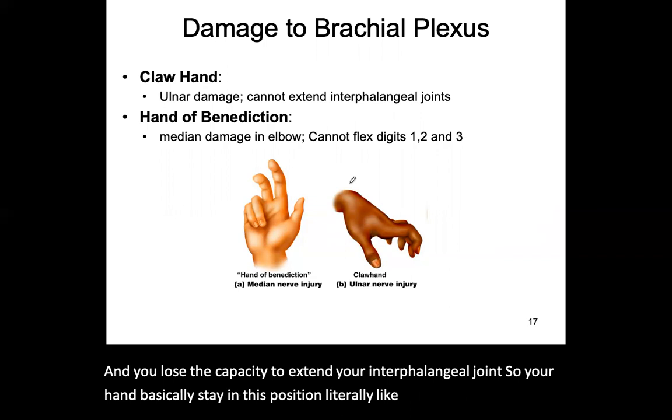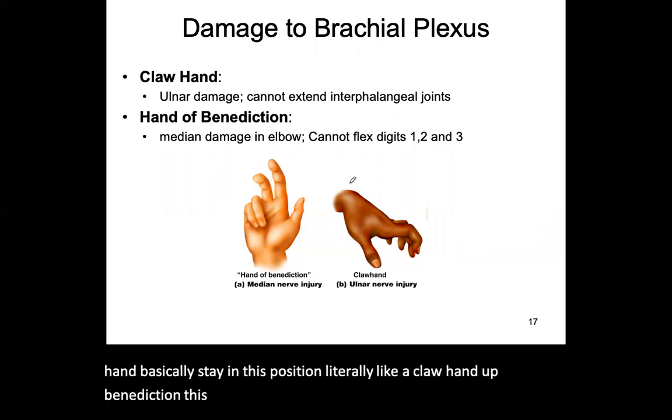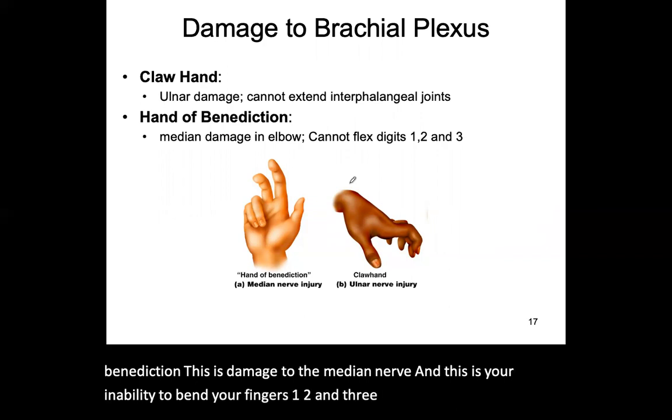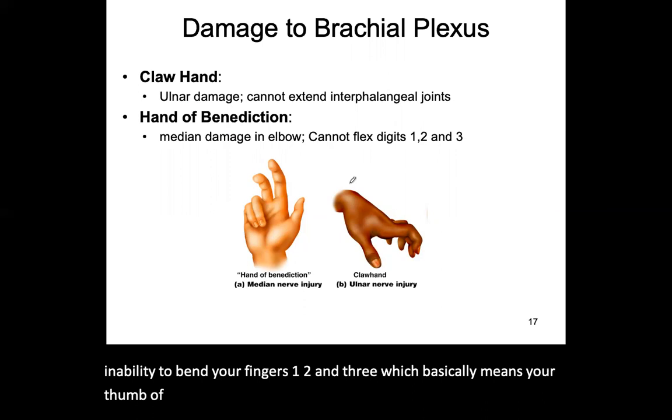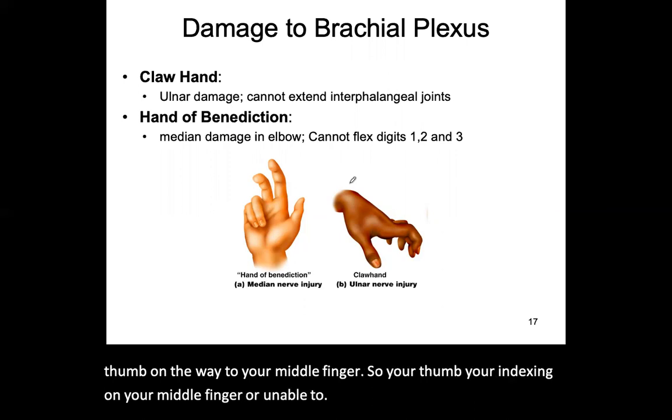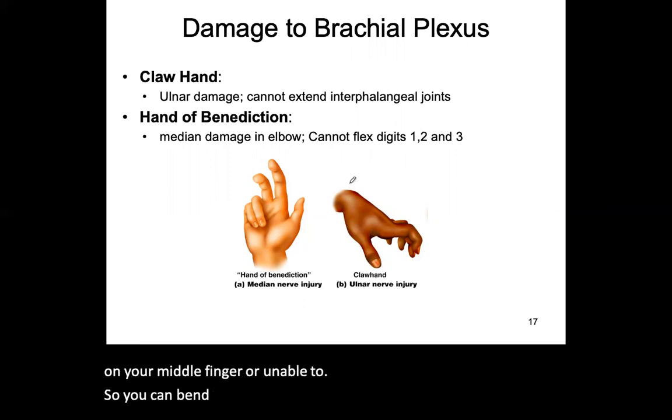And hand of benediction, which is damage to the median nerve. This is your inability to bend your fingers 1, 2, and 3, which basically means your thumb all the way to your middle finger. So your thumb, your index finger, and your middle finger are unable to flex. You only can bend number 4 and 5.